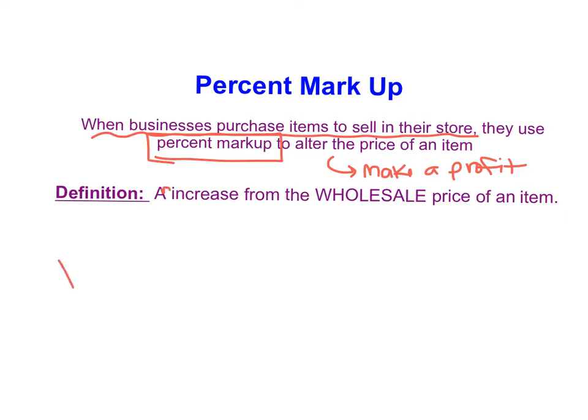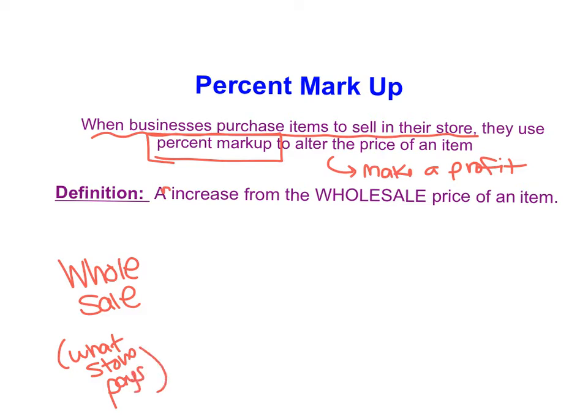So what that means is we have a wholesale price, and this is what the store pays. And what's going to happen is we're going to add a percent markup to it. So we're going to add a percent to it, and we'll talk about that as we do some examples together.